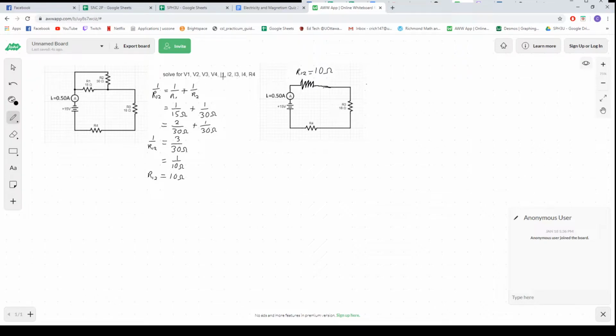So that tells us that Vs is equal to V12 plus, and then our next resistor is over here, so that's our next voltage drop, V3 plus, and then our last one is V4.